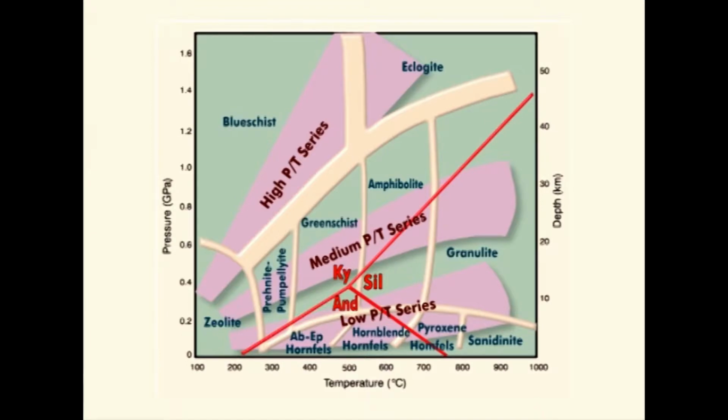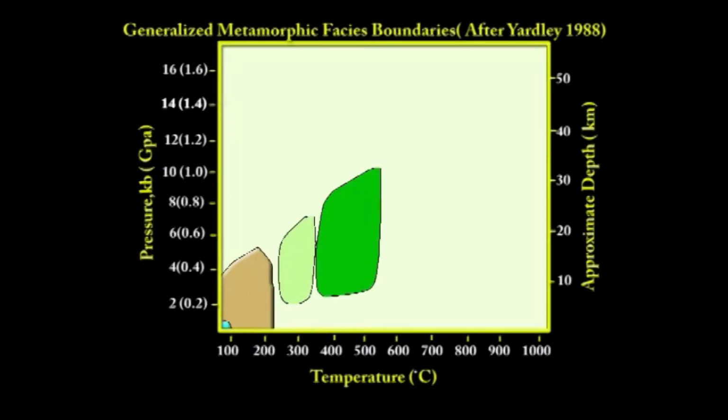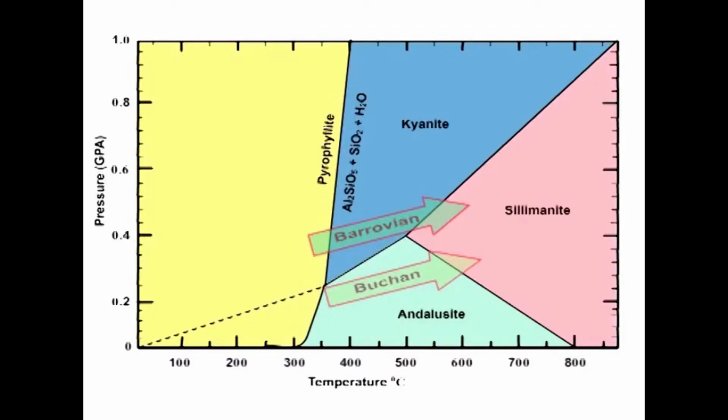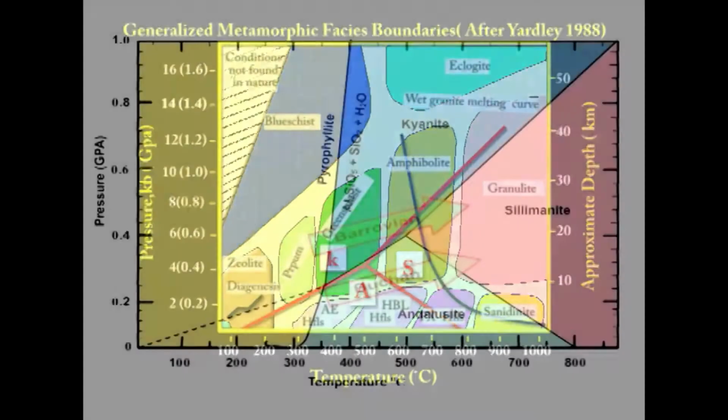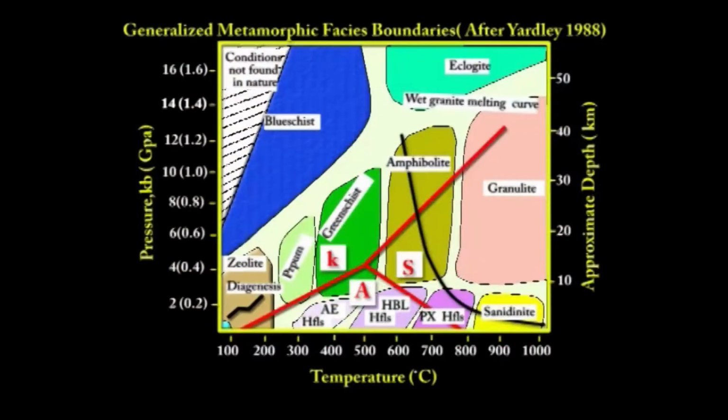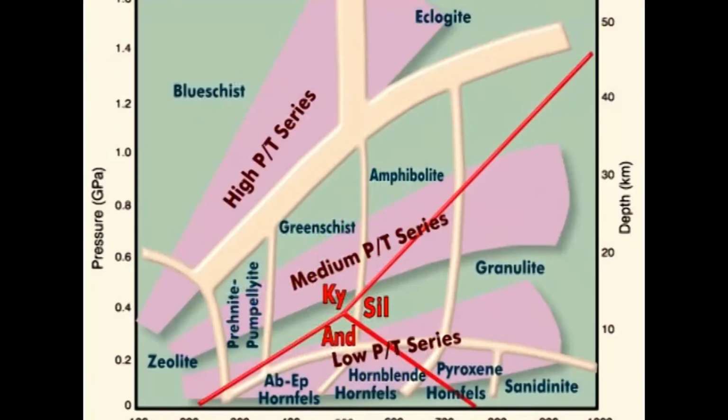Miyashiro originally recognized three different facies series: a zeolite, prehnite-pumpellyite, blueschist, eclogite type; a typical Barrovian type characterized by kyanite-sillimanite type; and third, an Abukuma type of greenschist, amphibolite, granulite characterized by andalusite-sillimanite type. The Abukuma type is named after the Abukuma region in Japan and is similar to the Buchan type of the Dalradian.